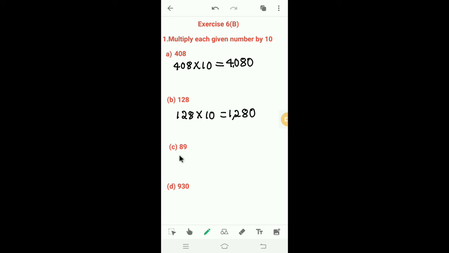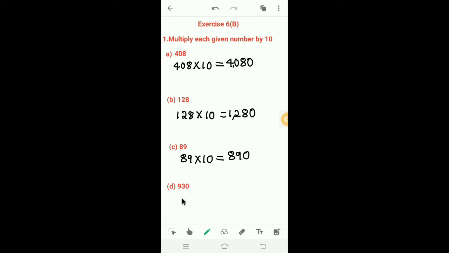Next, C1, 89 into 10 is equal to, if we multiply any number by 10, then write the given number as it is and add 1 zero at the end of the number. 89 into 10 is equal to 890.